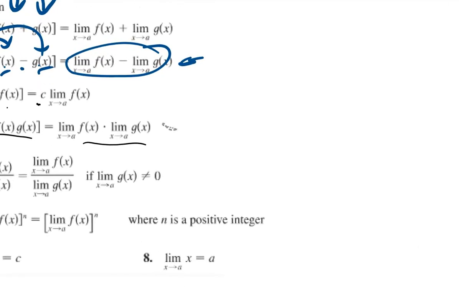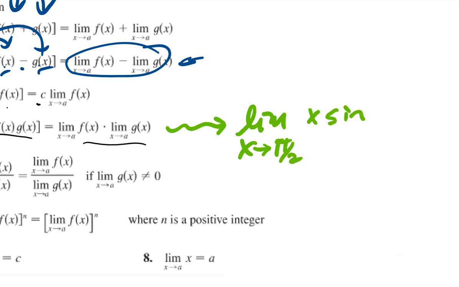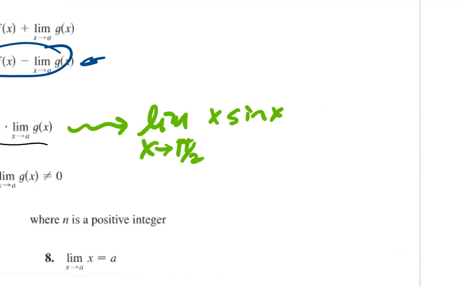You could do, for example, the limit as x goes to, let's make it pi over 2, of x times sine of x. And so this is the limit of a product.